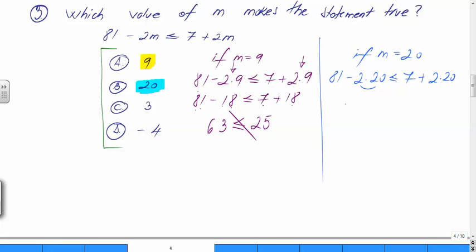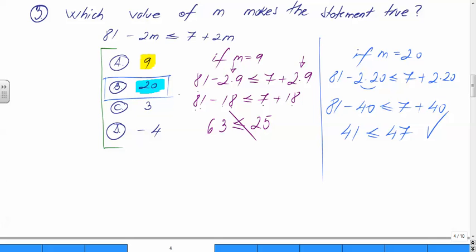Multiplication first. On the left, 81 minus 40 should be less than or equal to 7 plus 2 times 20, which is 40. On the left first, you have what? 81 minus 40 would be 41, less than or equal to 7 plus 40, 47. Is that a true statement? Yes, it is. Well, this is the answer. If you want, you can check the others, but you will be done, okay?